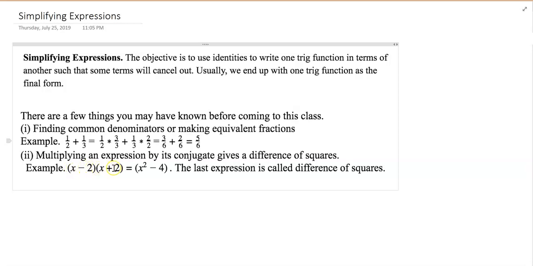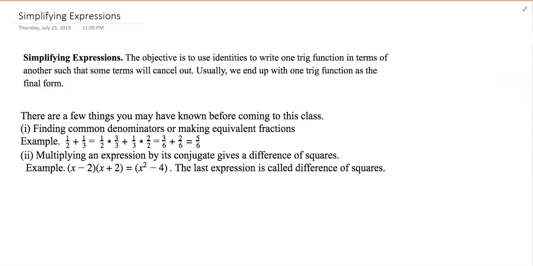If you multiply these two, x minus 2 times x plus 2, you get x squared minus 4. x squared is a perfect square, and 4 is 2 times 2, so it is also a perfect square. So that's a difference of two square things. This last expression, x squared minus 4, is what we call the difference of squares.